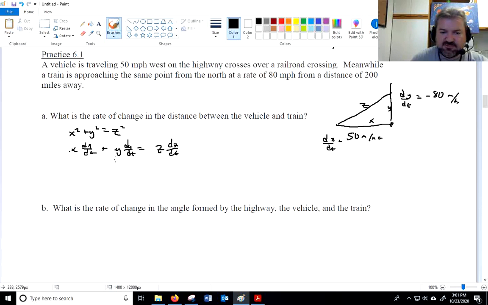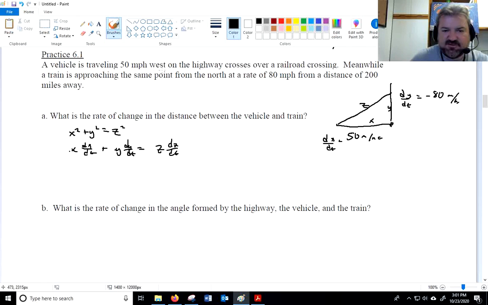Oh, well, we can't actually solve this one for any specific value, can we? Well, actually, we can because we are given a specific moment.